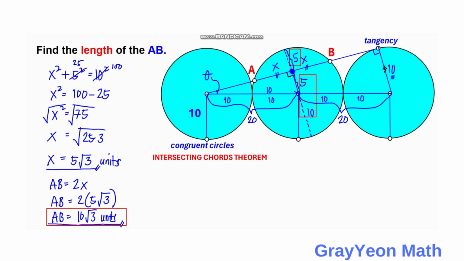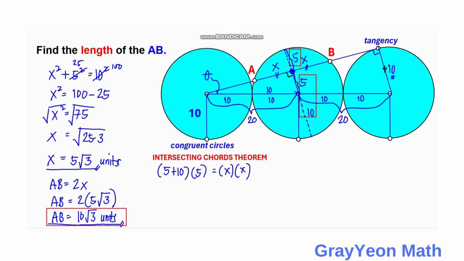For this part, it will be 5 plus 10, so 15, multiplied by 5. That is the first pair of segments. The next pair of segments is the two equal segments, x and x, so it is equal to x times x.